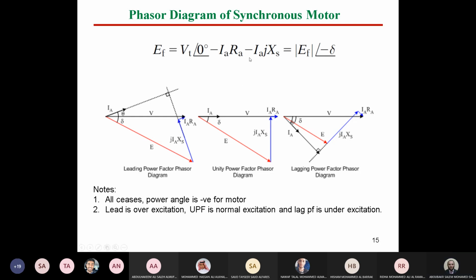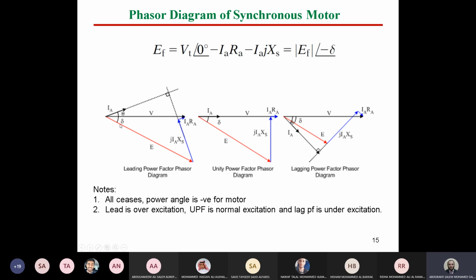Then JIAXS. J means 90 degrees in positive, and minus J means 90 degrees in negative. So we plotted it in negative like that, JIAXS. The resultant of the three vectors will be this vector. So this is EF.